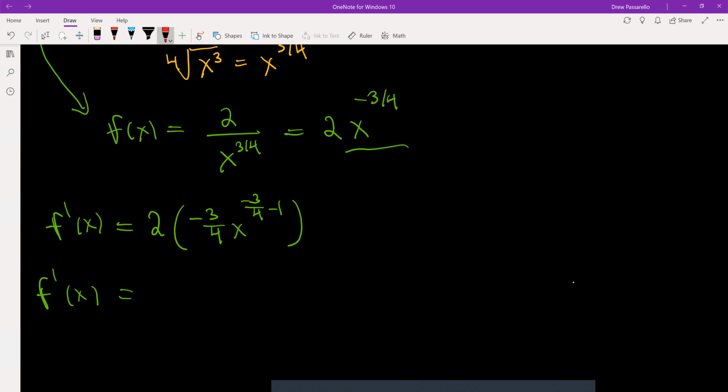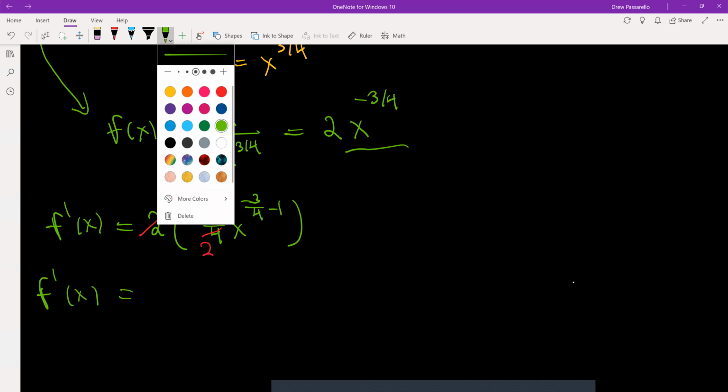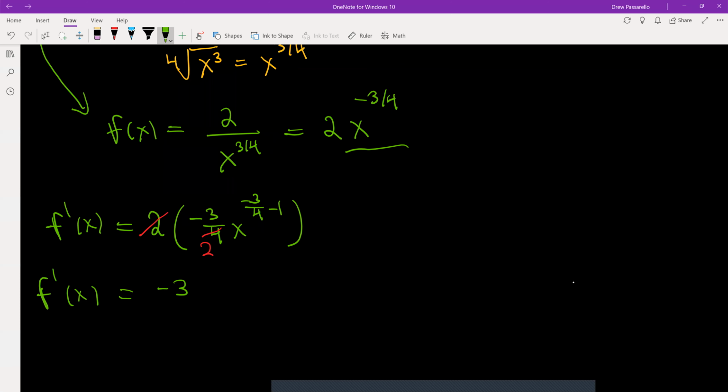I can cancel out 2 from 4 to make this negative 3/2. That's negative 3/2. And then x. And then negative 3/4 minus 1 turns into negative 7/4.